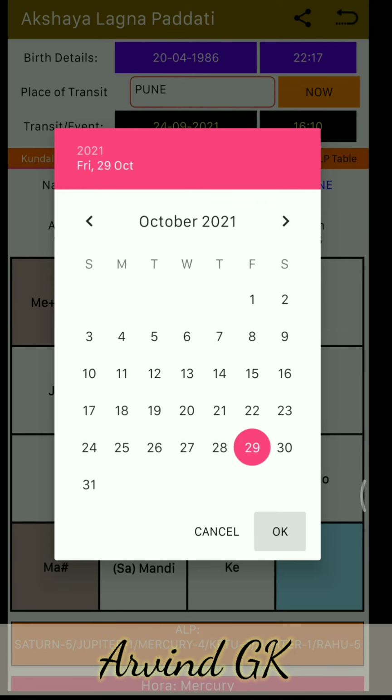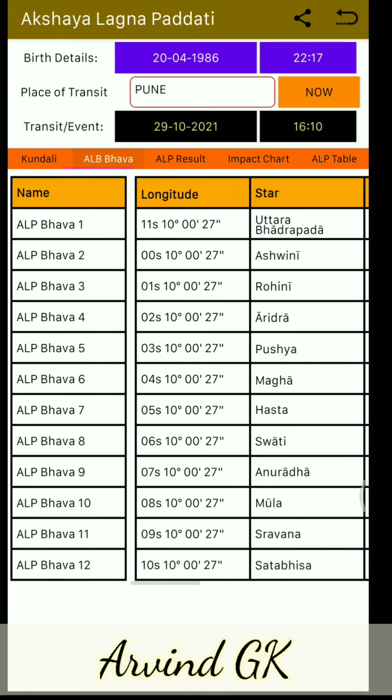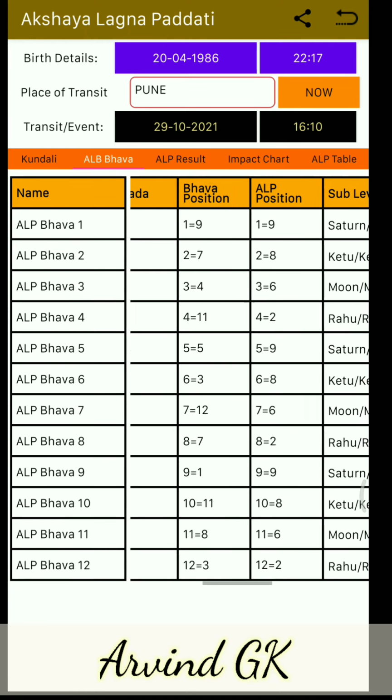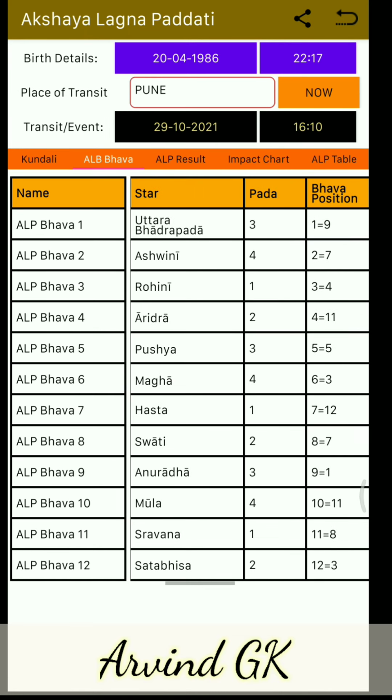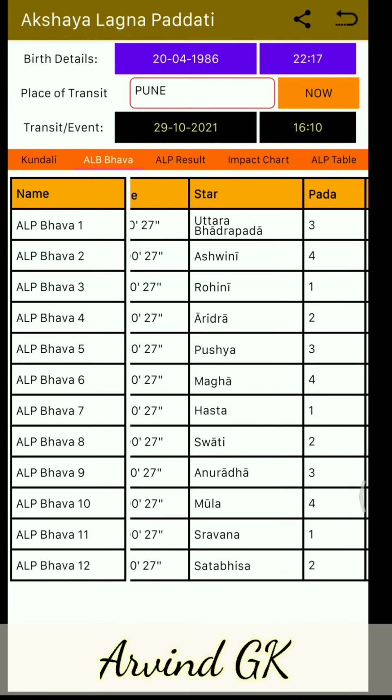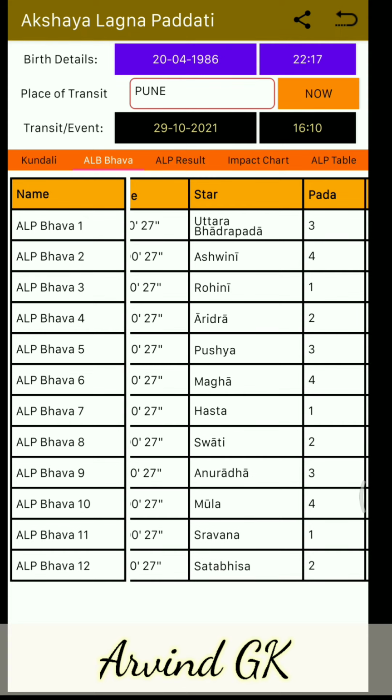After October 28th, if you go and see the Lagna Bhava, it is still Ashwini. So you still have to pray to Lord Ganapati for improving the second house, and you will still have to read the Ketu Stotra every day, and then the second house will get activated.